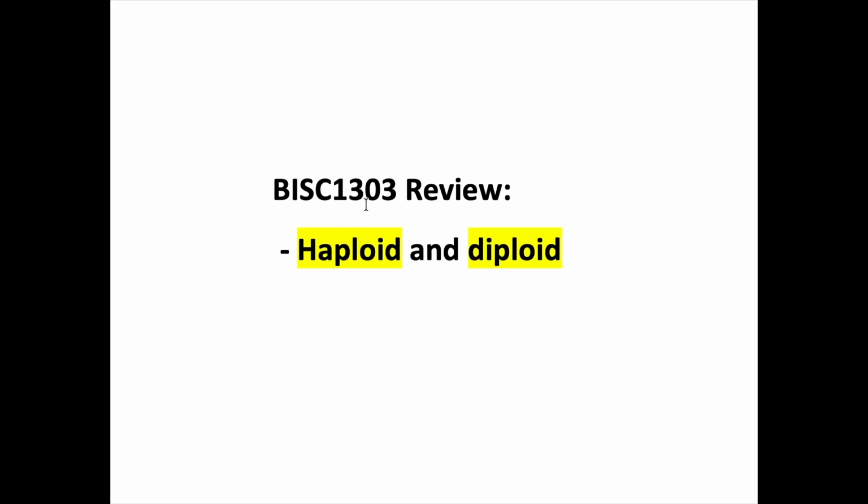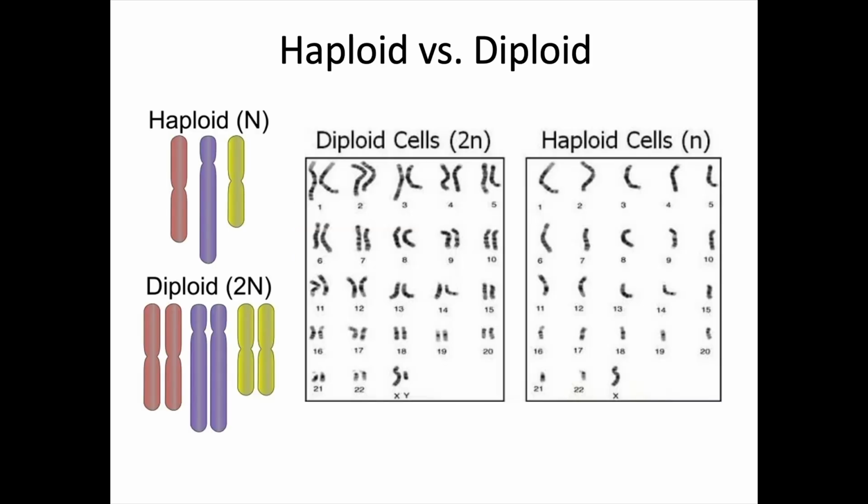In addition to these asexual forms of reproduction, there are many fungi that are also capable of sexual reproduction. So before we get into this, just a quick review here of a couple of terms back from BISC1323, the terms haploid and diploid.